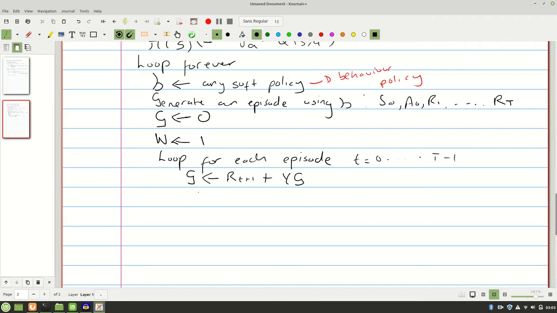And then we're going to update our C. So C for our current state, say ST, and action, we're going to assign it the value of the old C plus W. Why?